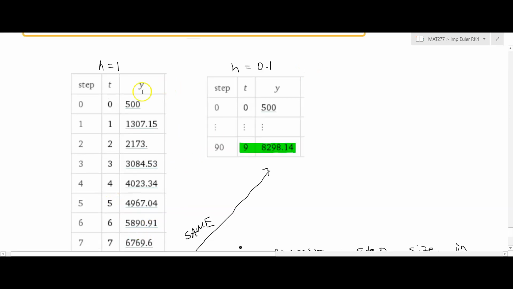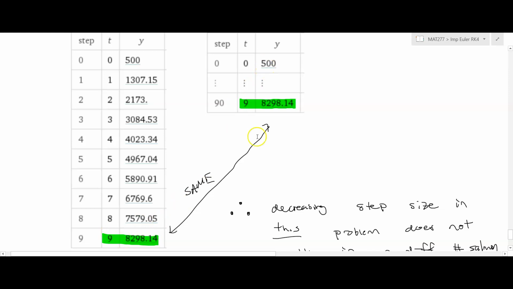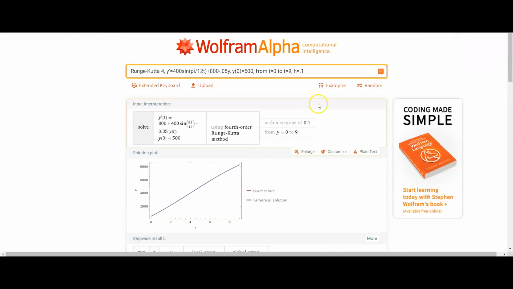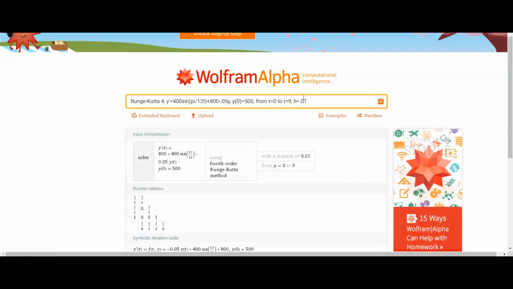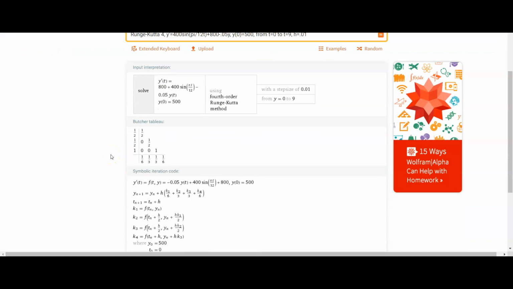We simply had to run the Runge-Kutta with a decreasing step size and see if we get any observed change in the output. We could also, for the sake of entertaining this, change the step size to 0.01. And once again, because we didn't notice a change from h equals 1 to h equals 0.1, we're probably not going to notice any significant change here either.